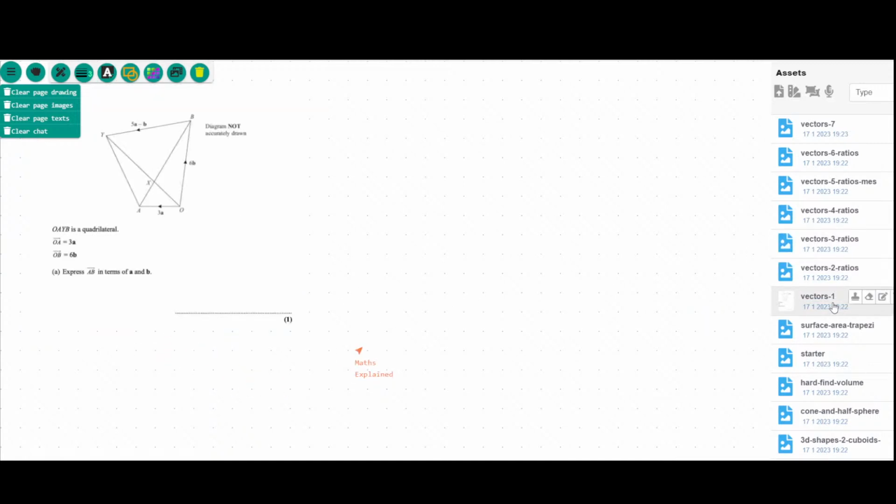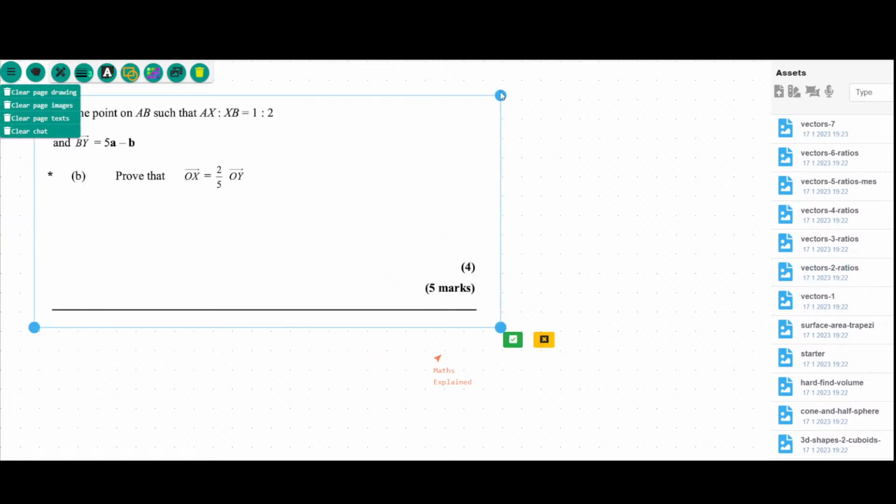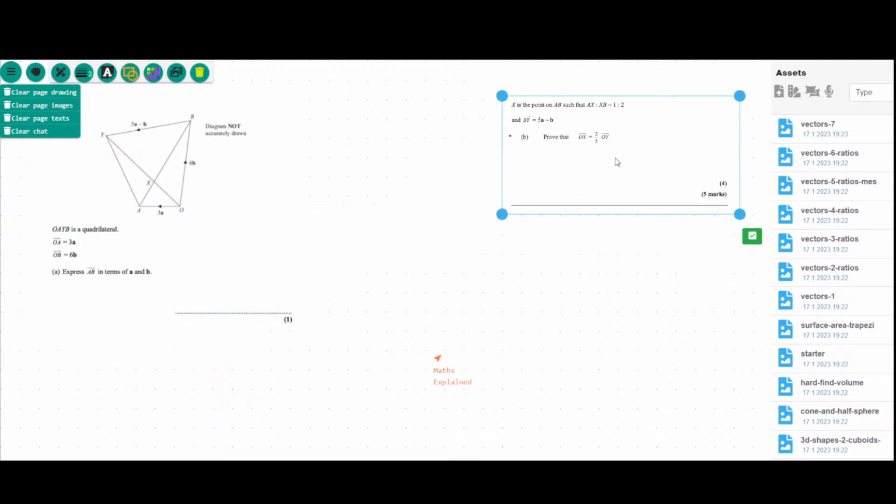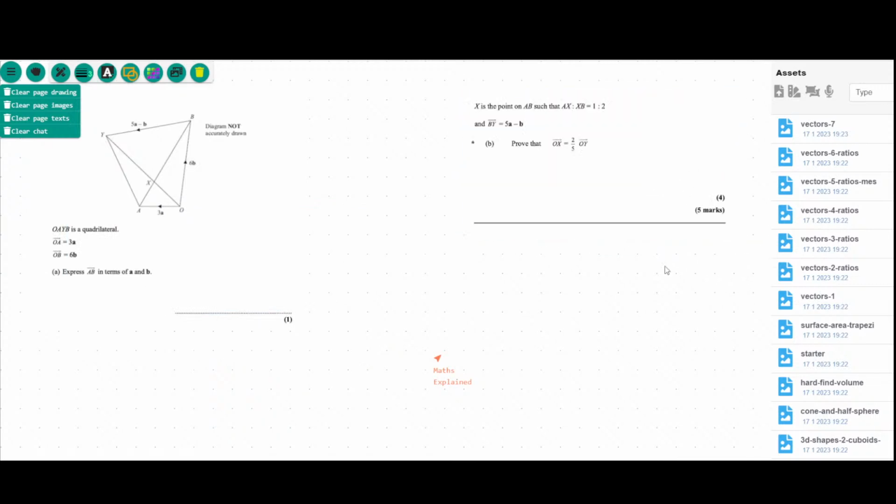Yeah, and then there'll be a second part to it, which I will scale down because it's overly big, and move over here. That should be big enough.